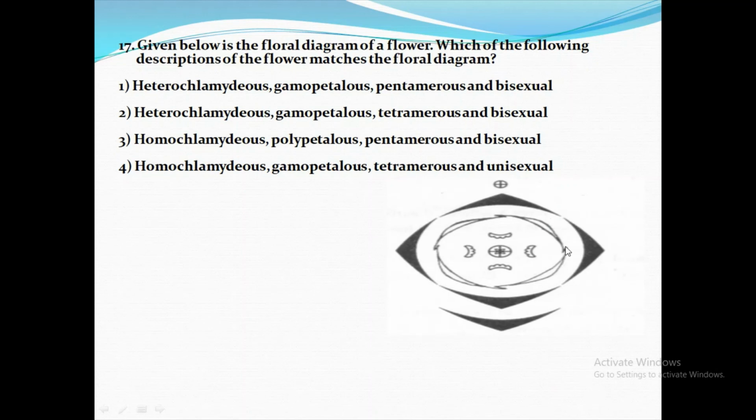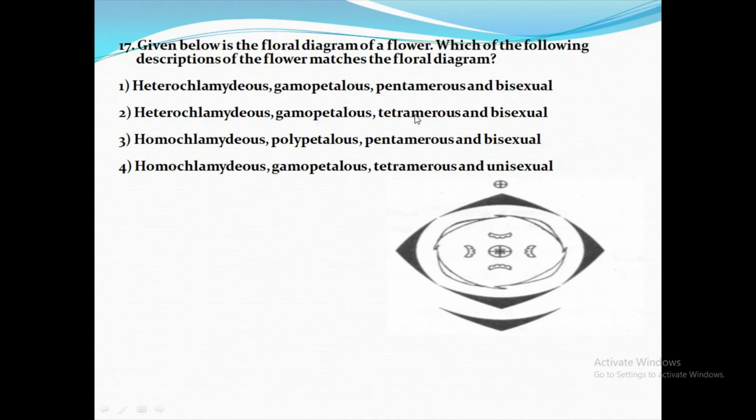You can see there is a fusion at the margins. When the petals are fused we use the word gamopetalous. When the petals are free, then we use the word polypetalous. So here petals are fused with each other, that is why we use the word gamopetalous.